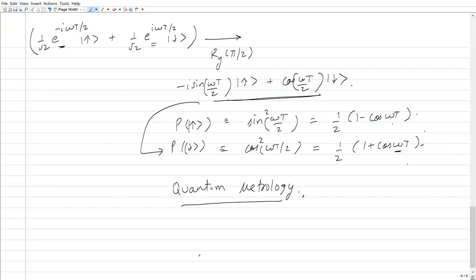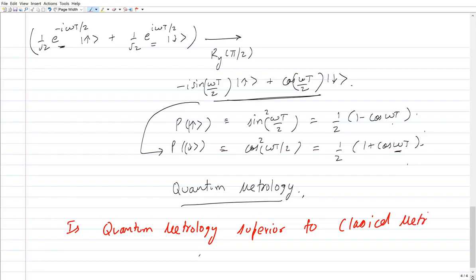Now the question arises: is quantum metrology superior to classical metrology? By classical metrology, I mean that I am not using the quantum nature of particles or the quantum nature of light to measure things. And if it is superior, in what way?